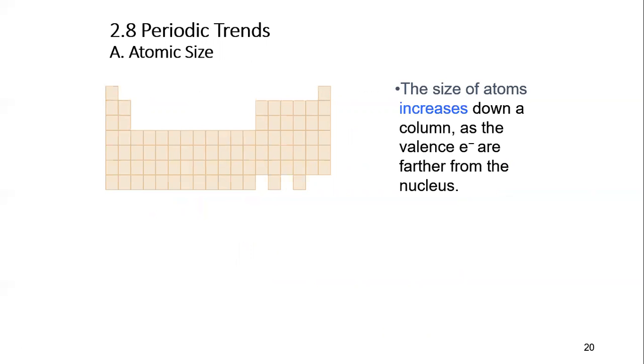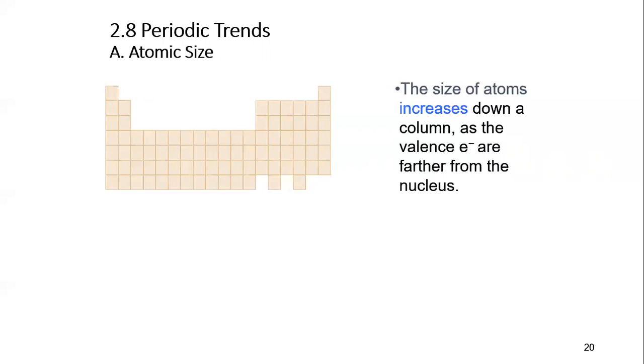As we go from left to right, we increase in valence electrons. So the elements on the same row with the fewer valence electrons are going to have a larger atomic size than the elements on the same row with more valence electrons. Because when you have more valence electrons, as you go from left to right, they're going to be more attracted to the nucleus, and so your atomic size shrinks as you go from left to right.